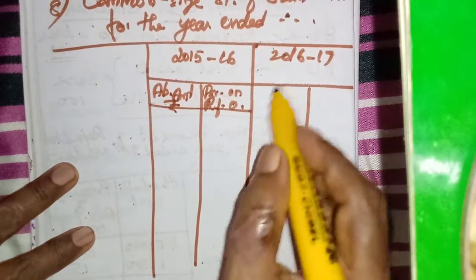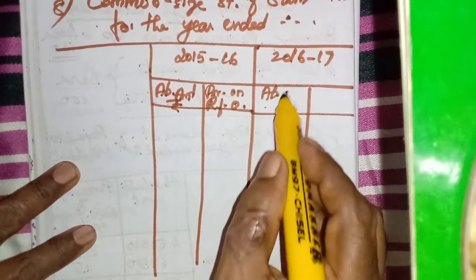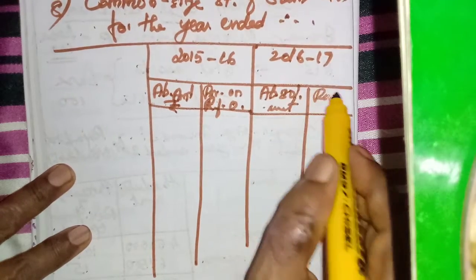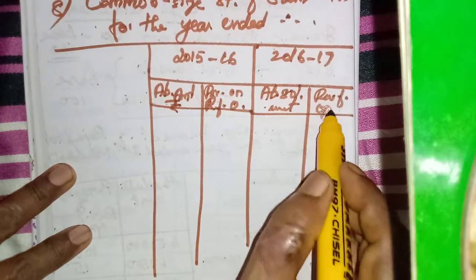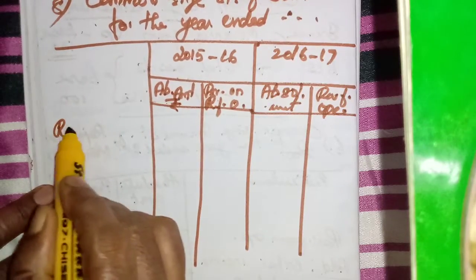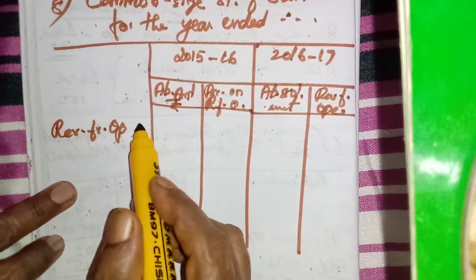Okay, here in the same way, absolute amount, here revenue from operation. Okay, first one, revenue from operation 4 lakh.